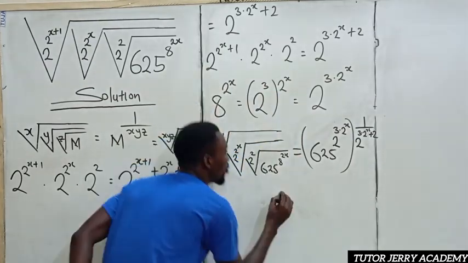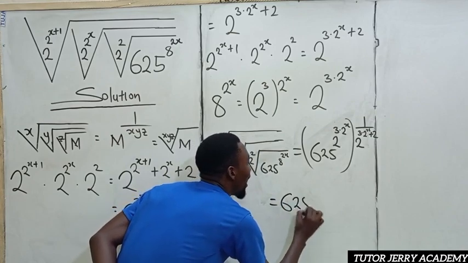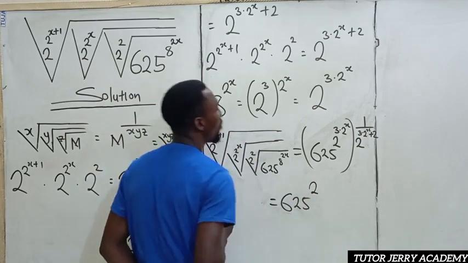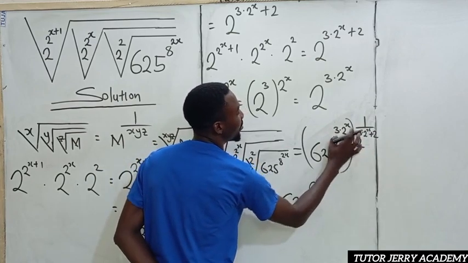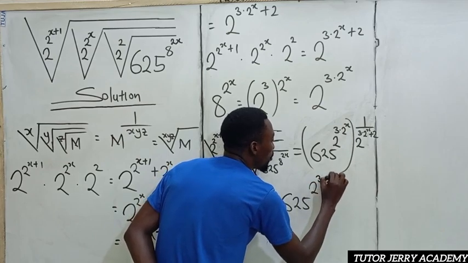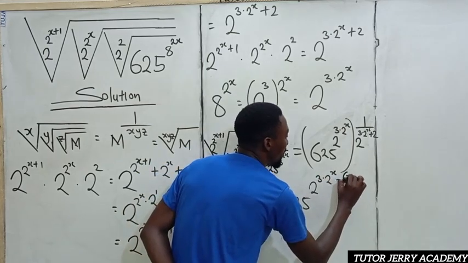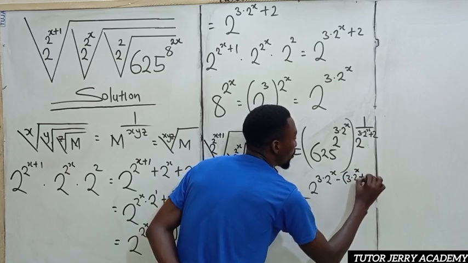All right, so now this is going to be equal to 625 to the power of 2. Now we will subtract this from this. So we are going to have 3 multiplied by 2 to the power of s minus 3 multiplied by 2 to the power of s plus 2.